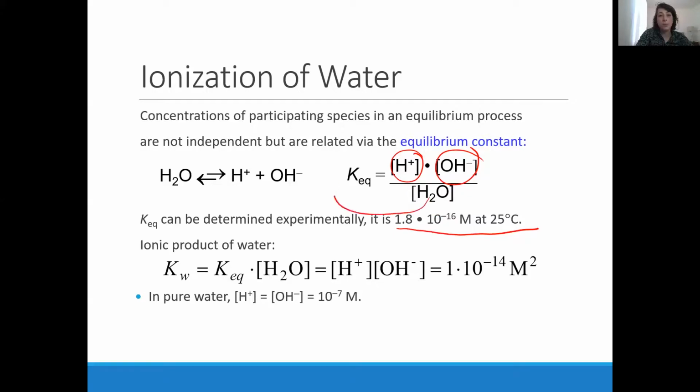So if we just move this here in our equation, multiply it by Keq, we then have isolated just the concentrations of the proton and the hydroxide. So Kw is what we call this whole Keq times concentration of water. Kw is equal to just the concentration of protons and the concentration of hydroxide. Again, this is to focus on how much of those products, those dissociated products, are present.